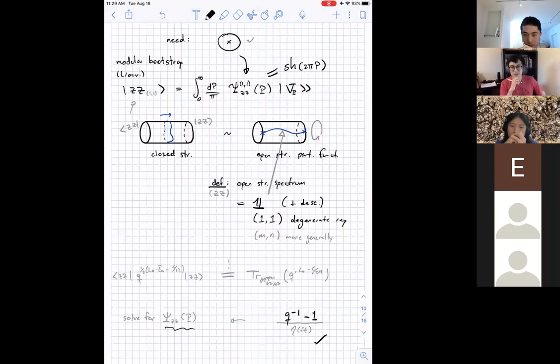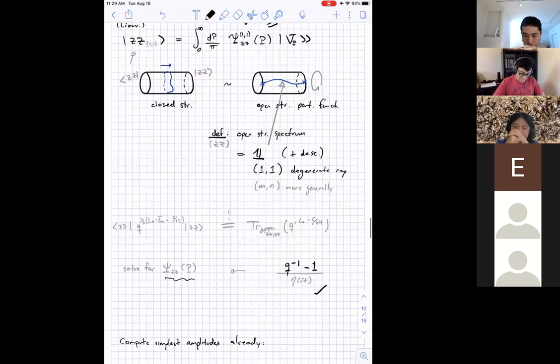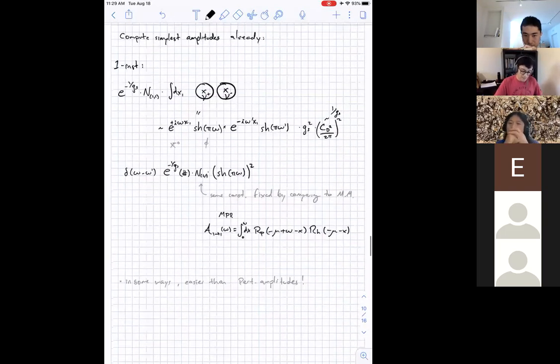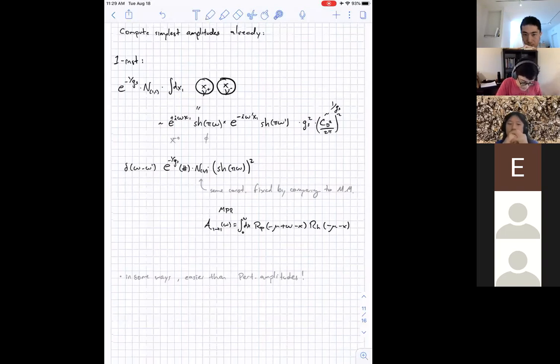Okay, now that we know the 1-point function, we're ready to compute already the simplest instanton corrections to closed string amplitudes. So for example, the one we drew at the beginning is the product of these 1-point functions. Now in the c equals 1 case, as we saw in the previous slide, the 1-point function from the Liouville piece is just a sinh pi omega, also for the second one.